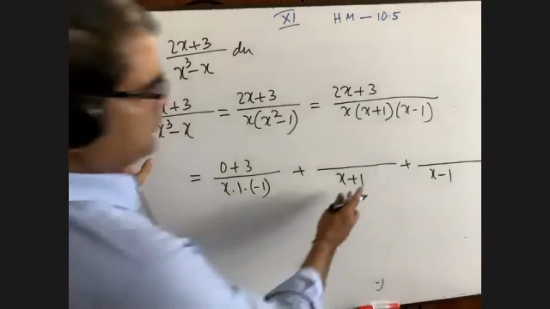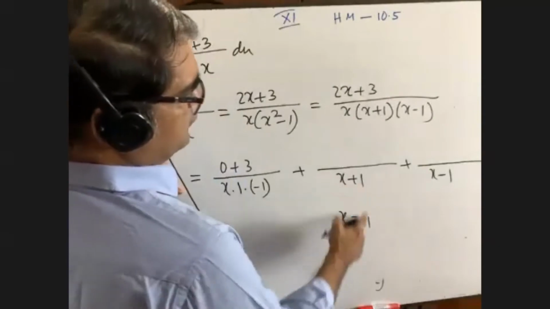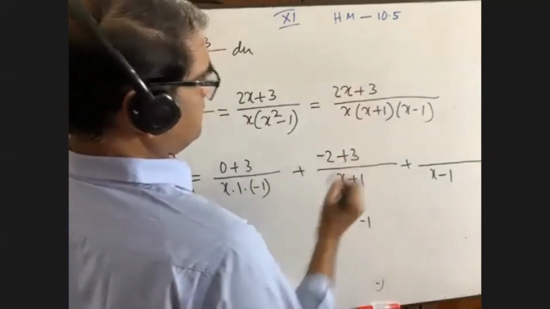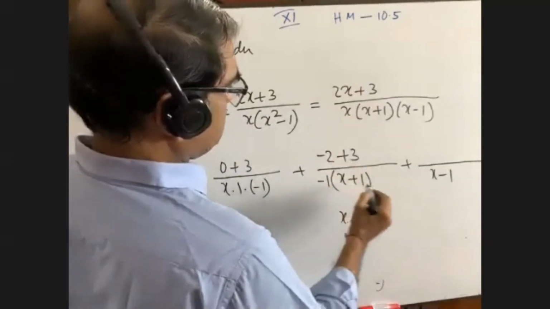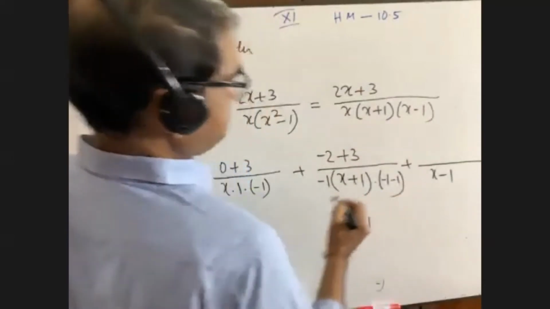Here x equals minus 1. So that is minus 2 plus 3. Put here minus 1 in each place.